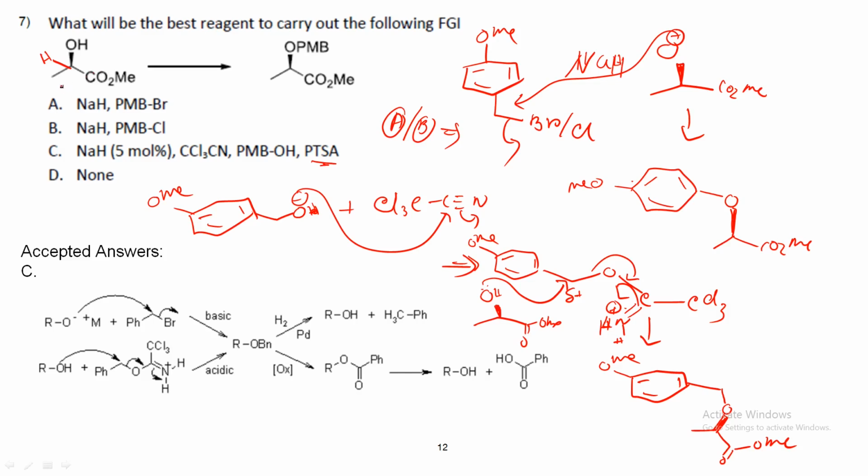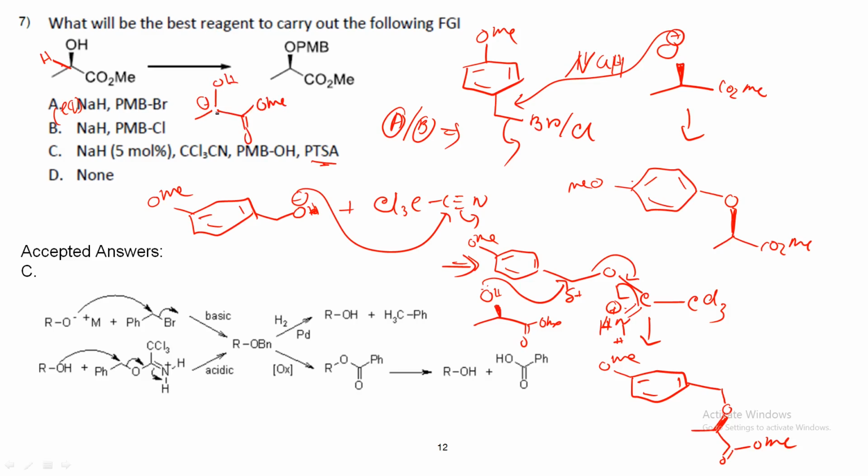So this is a chiral molecule. But when we are using this kind of strong base in equivalent amount, or generally more than one equivalent, then this particular acidic proton can be taken, and this kind of species can be generated.